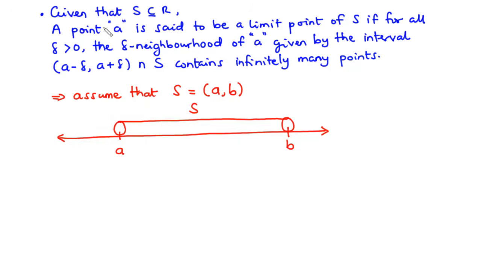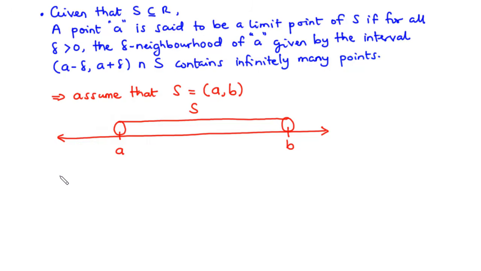Now for a point A to be a limit point of S, the intersection of the delta neighborhood of A, which is given by the interval A minus delta, A plus delta, and S, should contain infinitely many points.